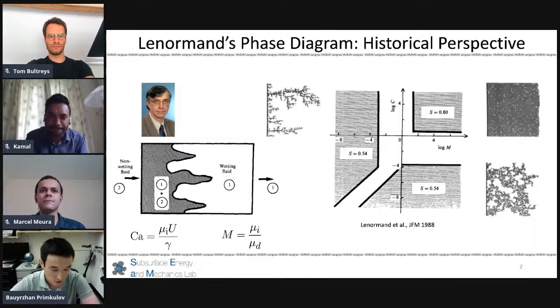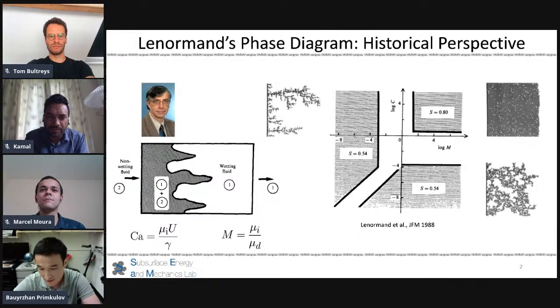Depending on the two dimensionless numbers, you could map most of the experiments into different regions. A region in the top right corner is a stable displacement, then invasion percolation at the bottom corner, and the top left corner is viscous fingering.